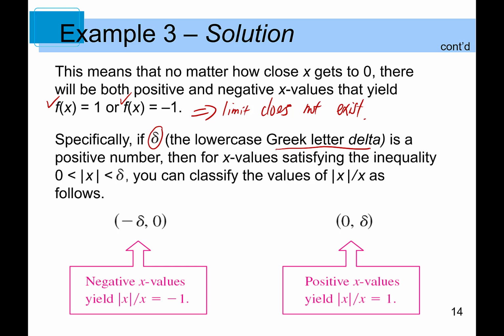A negative x value yields negative 1, and a positive x value yields positive 1.